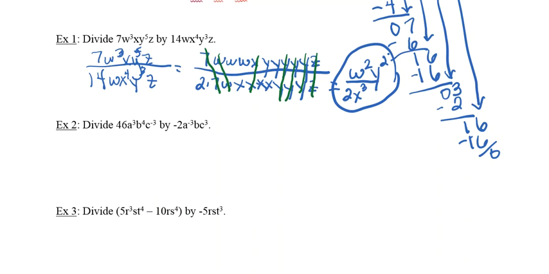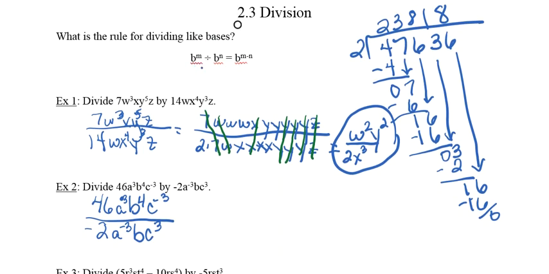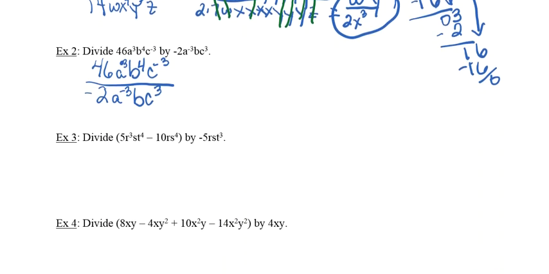So on this one, I'm going to start by putting it in this fraction form. 46 a to the third, b to the fourth, c to the negative 3, over negative 2, a to the negative 3, b, c to the third. So this time I'm going to use the rule that we used last chapter up here, that if I'm dividing, I'm going to subtract exponents. So first I'm going to look at the number.